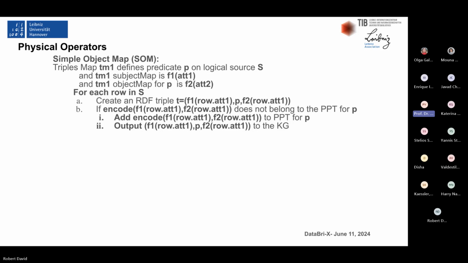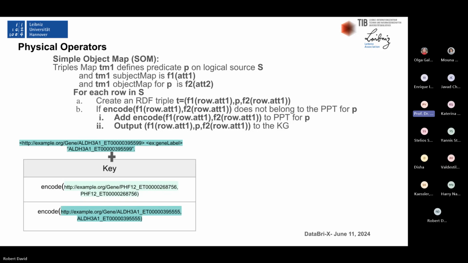However, thanks to the implementations that we have for these data structures, and for the algorithms that we are implementing for these physical operators, for example, the simple object map, we are able to receive a particular data set.